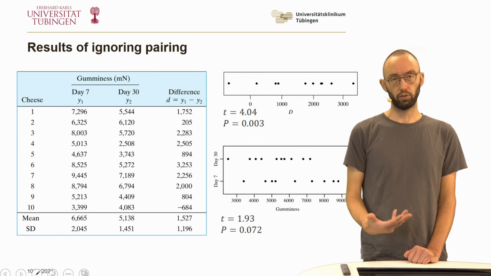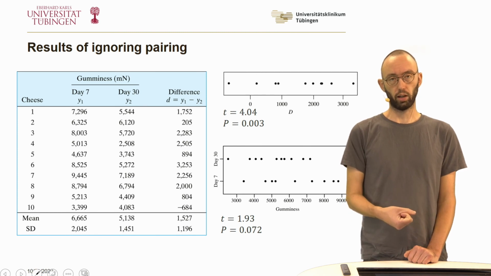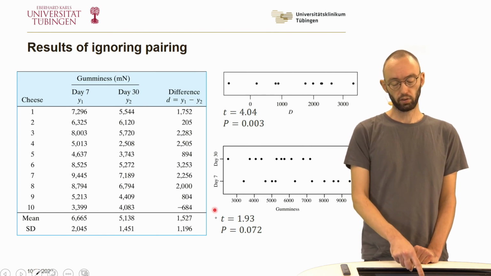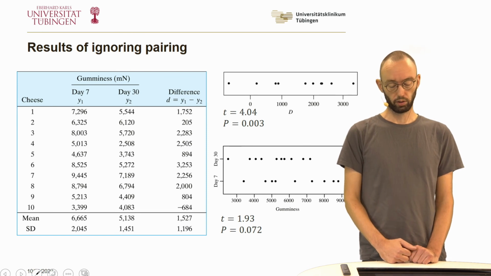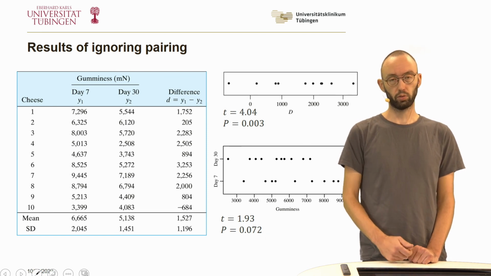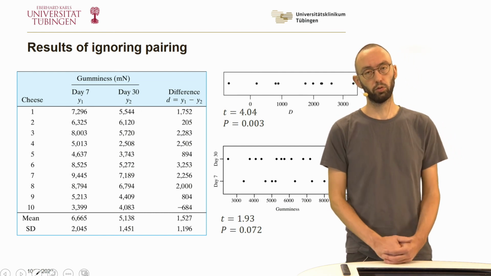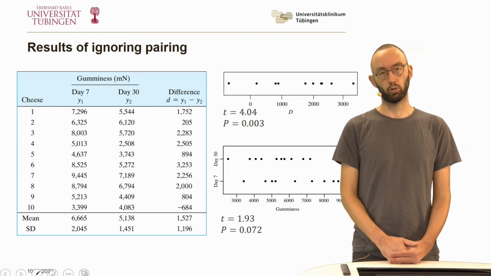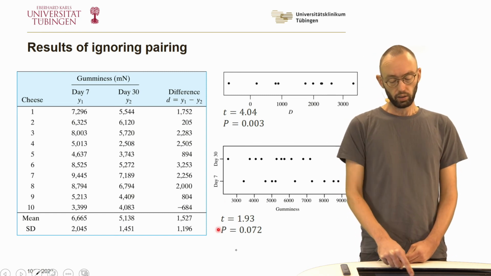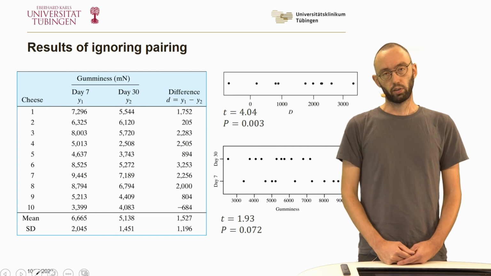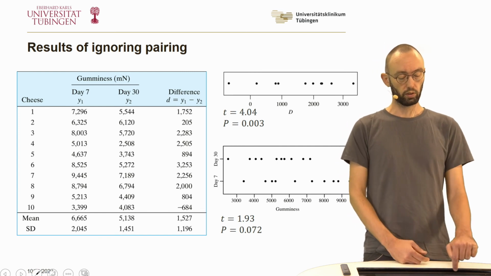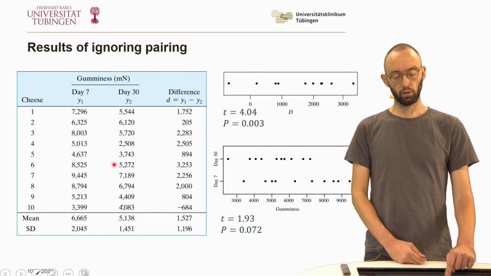Because we still have this variability in our analysis, the test statistic will only be 1.93 in this case, and the p-value will be larger, equal to 0.072. So with a cutoff of alpha equals 0.05, in this case, we would not assert a significant difference between the gumminess on day 7 and day 30.